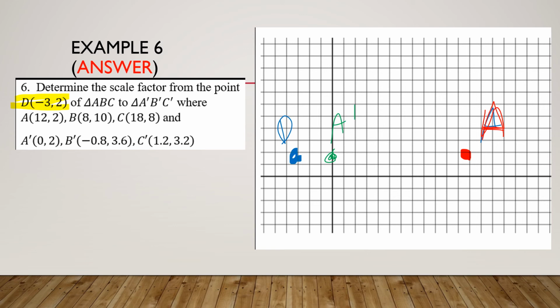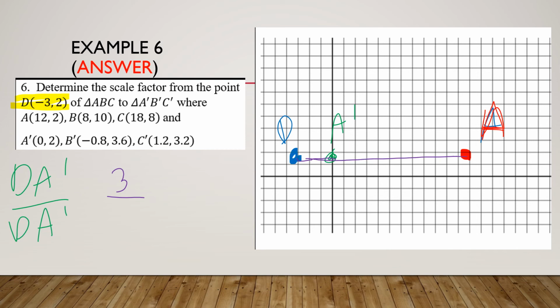So when we go to find our scale factor, we're going to figure out how far it is from D to A prime and then D to A. So when we go from D to A prime, that was 1, 2, 3.